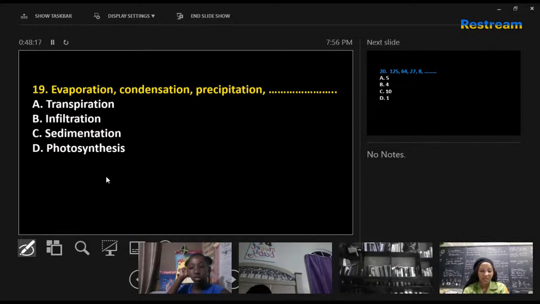And then we have condensation, where that water vapor condenses to form clouds. And then we have precipitation, where the moisture in the air, depending on the latitude and the temperature, falls back to the earth, whether in the form of rain or snow or sleet or hail, or just exists as fog or something of that sort.